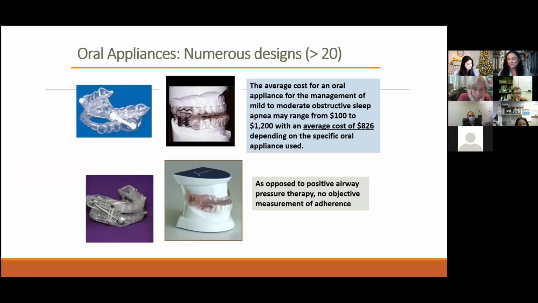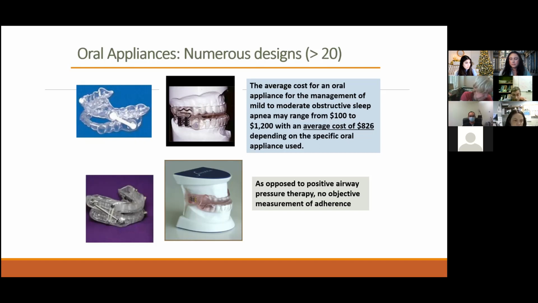So what do you do for these folks? Oral appliances are a good option. Even some patients with severe sleep apnea can respond well to an oral appliance. The biggest barrier to oral appliance, particularly in West Virginia, is the cost.